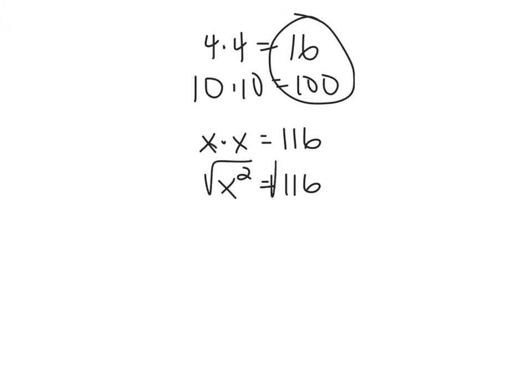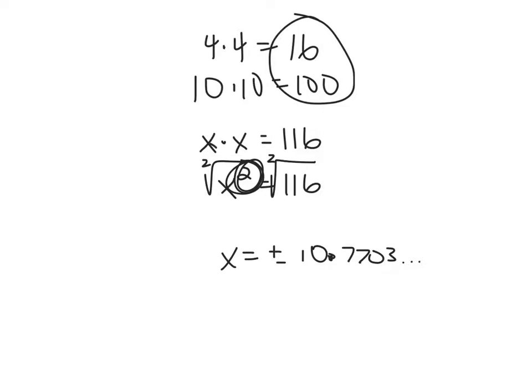Let's take the root on both sides. The opposite of a power is a root. The opposite of the second power is the second root. And I get x equals plus or minus, because that's an even power, the second root of 116, which is 10.7703... I have to put those dots there because this is an irrational number.